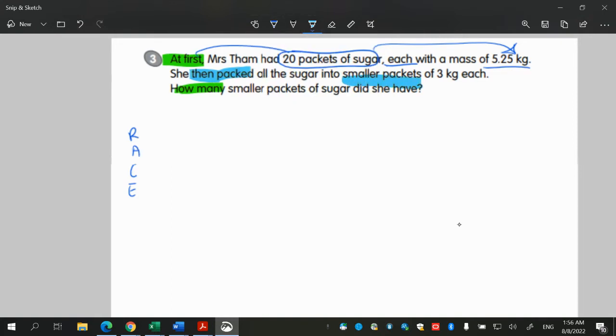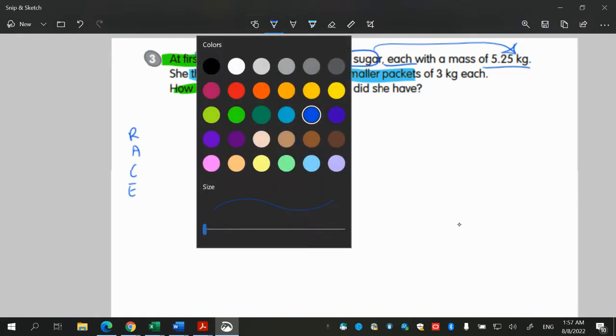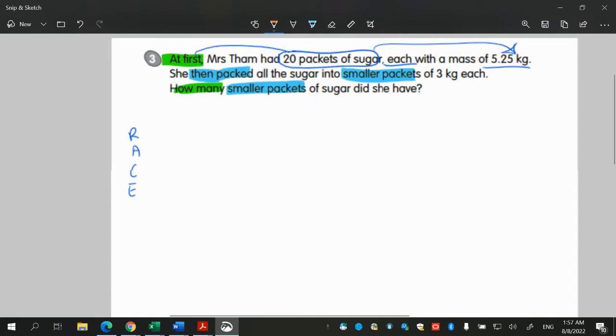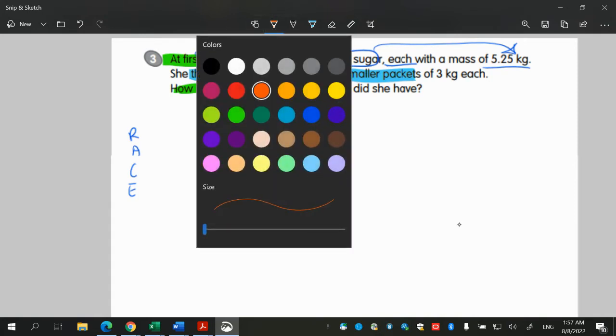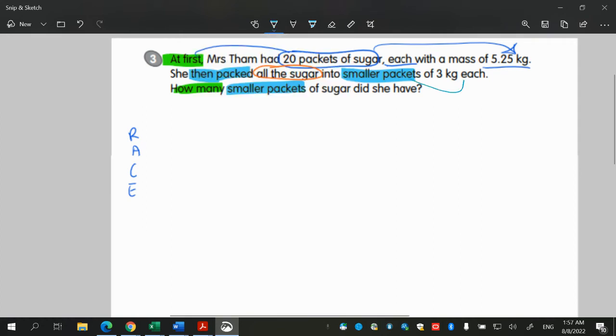Smaller, that's where the question comes up. And in the next line, smaller packets of 3 kilograms each. This shows how important the information provided is. If you've got a series of actions, what is all the sugar, and what are the smaller packets?